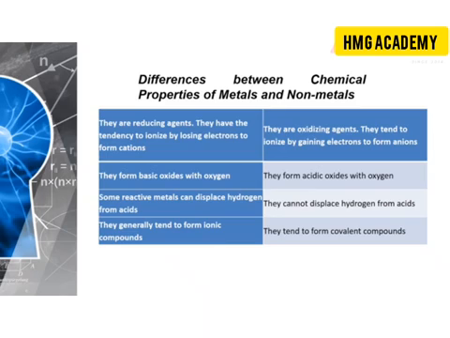So, reactive metals have the ability to displace hydrogen from acids, while non-metals cannot displace hydrogen from acids. Metals generally tend to form ionic compounds, that is, compounds that can ionize, while non-metals easily form covalent compounds.